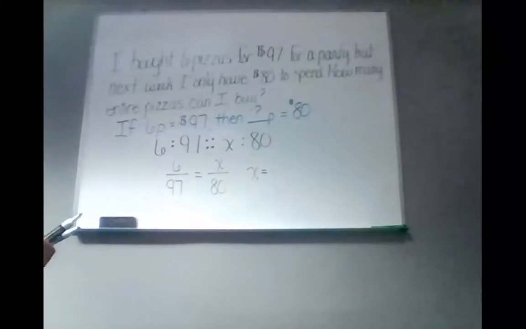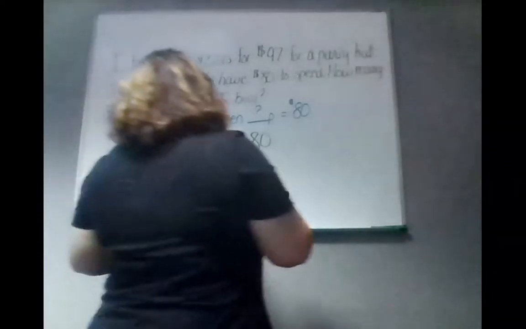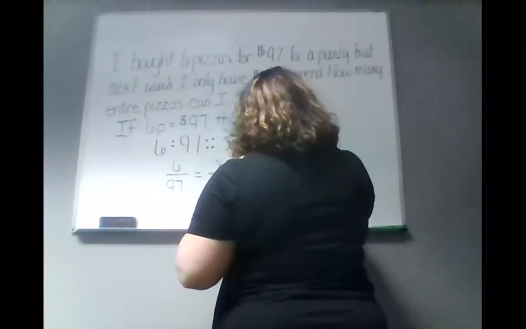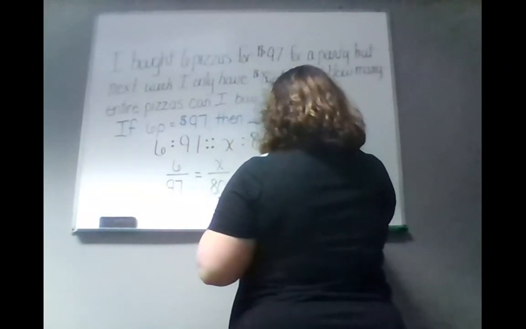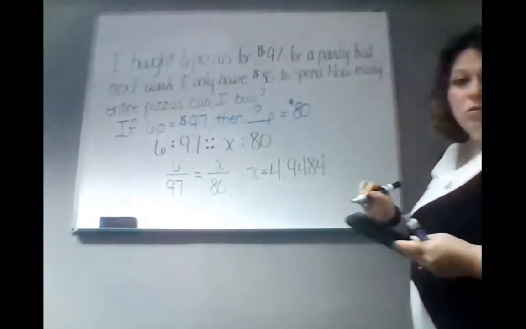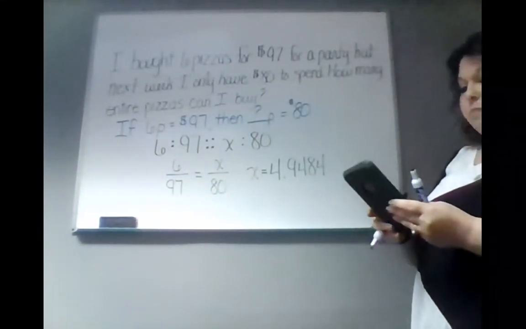And this is why I said at the beginning of the video that you usually need a calculator because the numbers get pretty big. So whether you're doing it the long way or not is fine. Your answer is going to be 4.9484 and then a bunch of other numbers, whether you did it the long way or the short way.